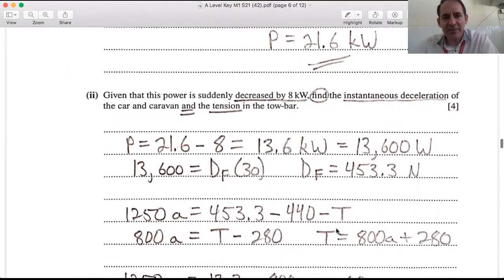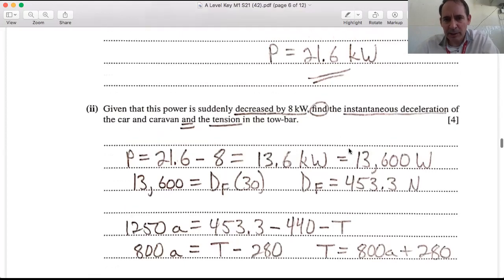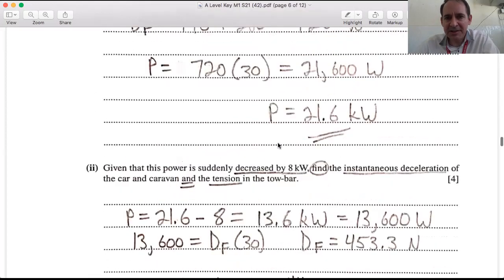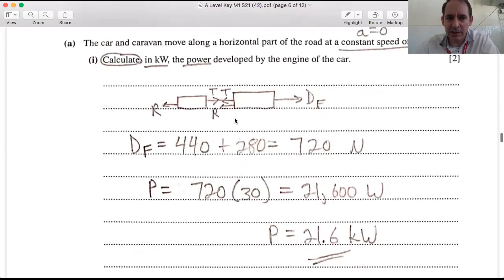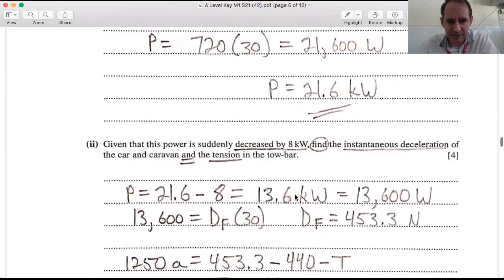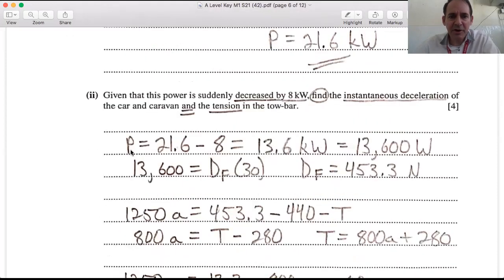Now, given that this power, that's the 21.6 kilowatts, is suddenly decreased by 8 kilowatts, find the instantaneous deceleration of the car and caravan and the tension in the tow bar. So since we need to find tension, we're going to be separating the car and the caravan into separate parts.